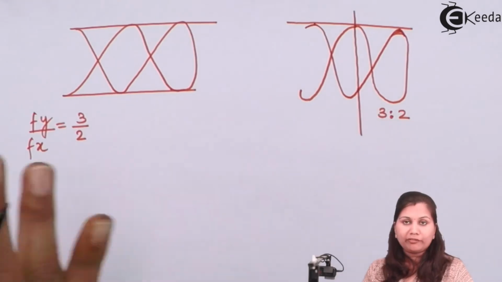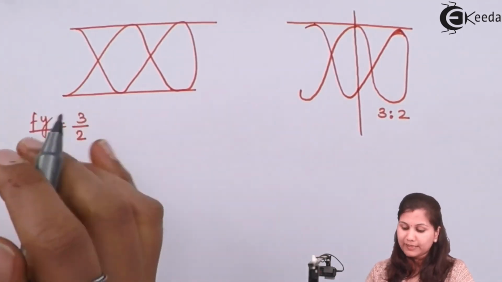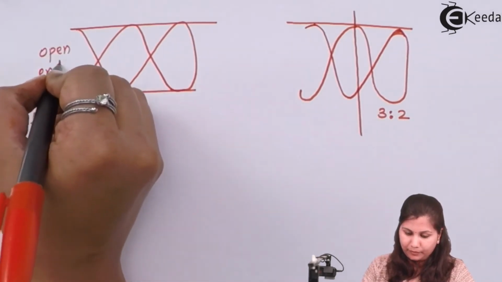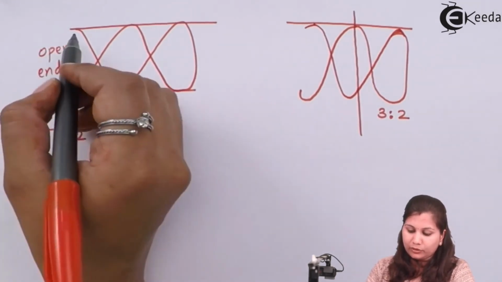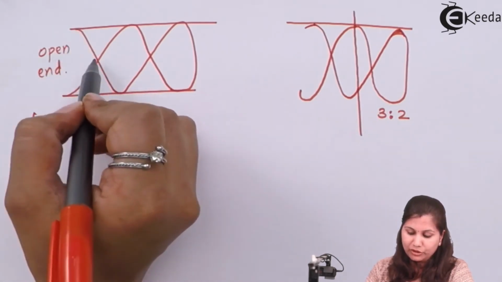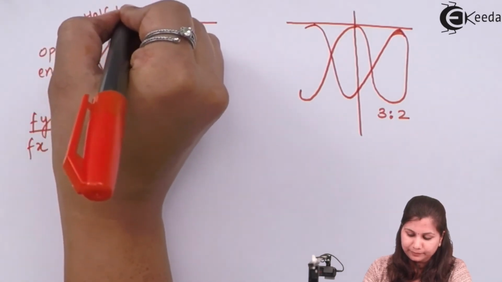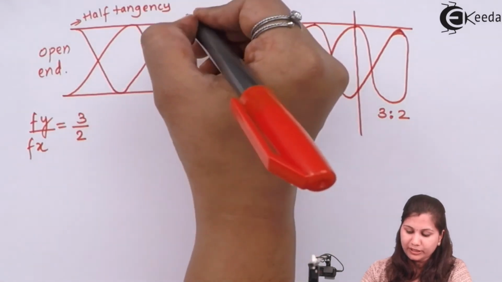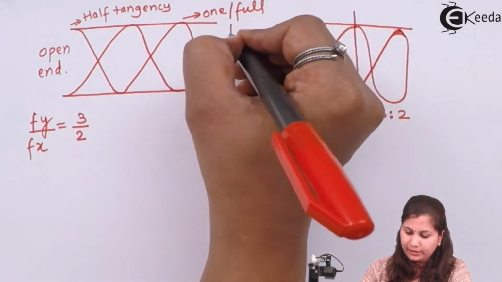So some modification is done in the rule when we are treating Lissajous patterns which have an open end in them. For such a Lissajous pattern, the open part of the pattern is treated as half tangency, and the closed part is treated as one, or we can say full tangency.